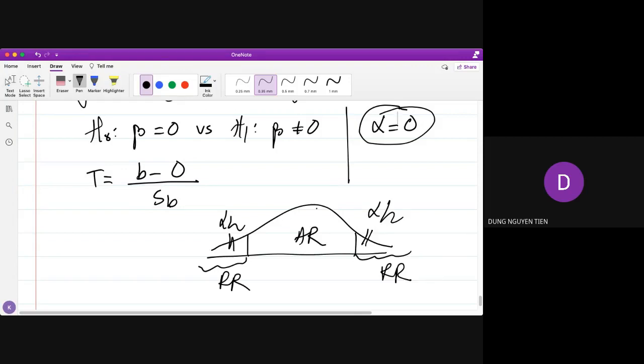It means that the slope could be 0. If T belongs to the rejection region, then we can reject the null hypothesis. It means that X has some effect on the value of Y. Is that okay? Okay, so this is what I just mentioned, hypothesis testing.